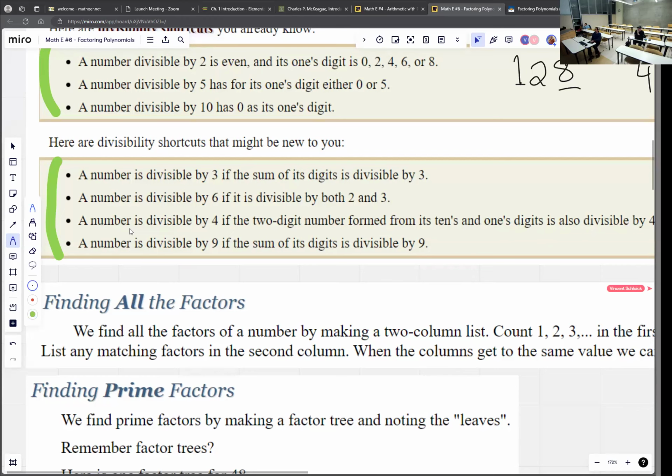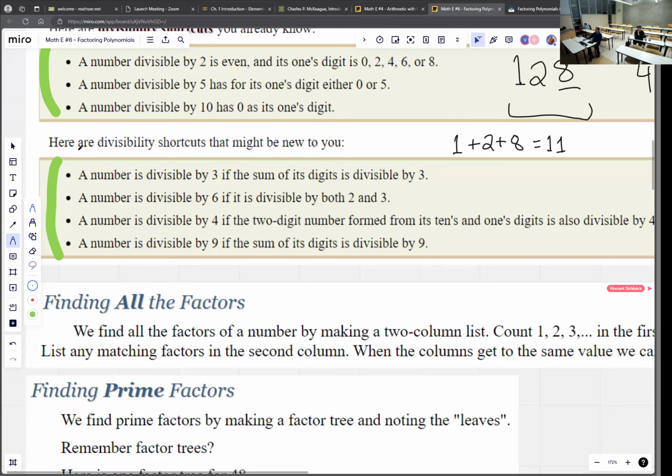So looking above, if I wonder, is 128 a number that's divisible by 3? I would add up the digits, which if you've never seen this looks really strange because we're not normally interested in doing that. And if I add them all up, I get 11. Does 3 go into 11? No, so 3 does not go into 128 either.